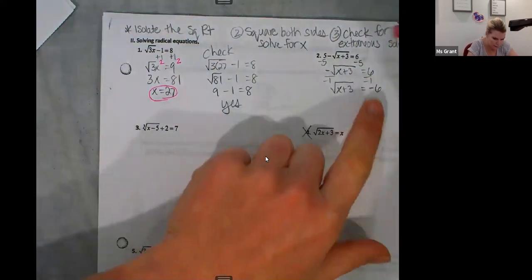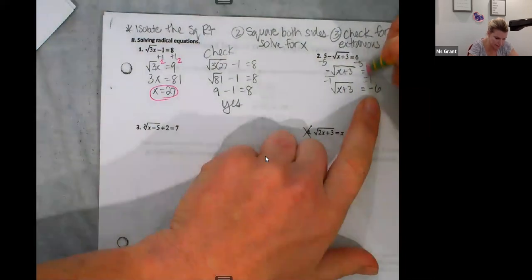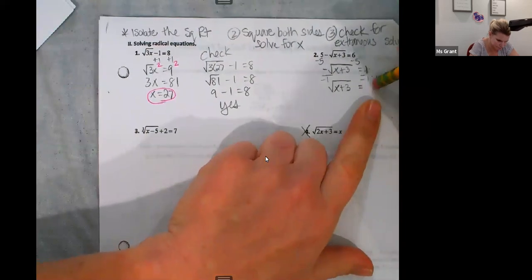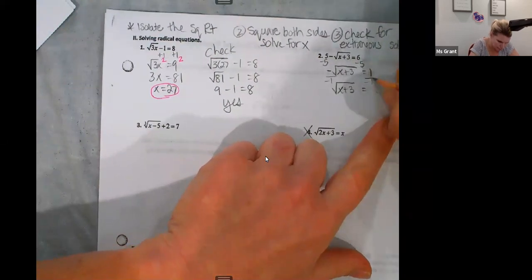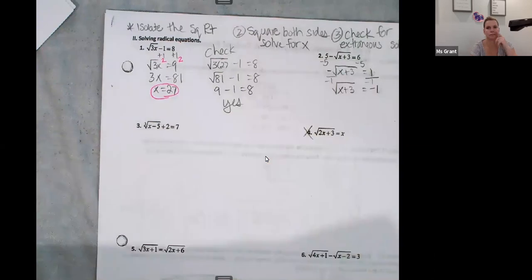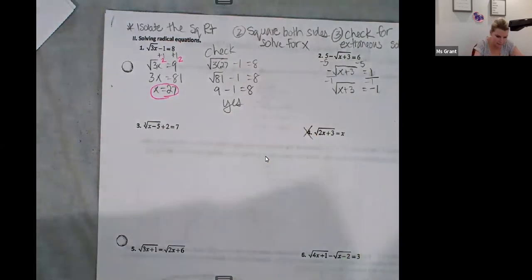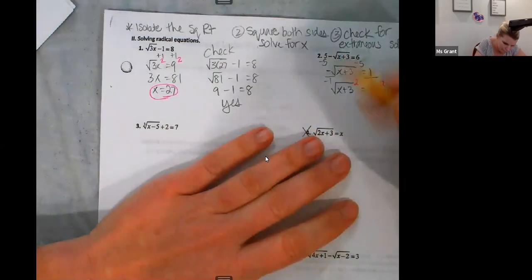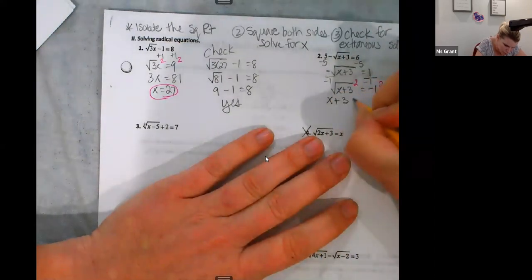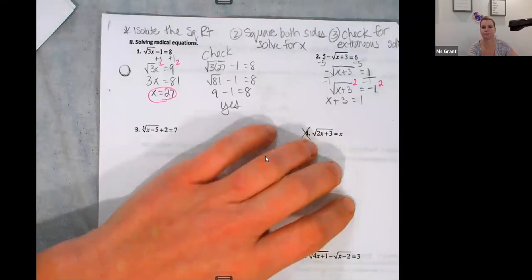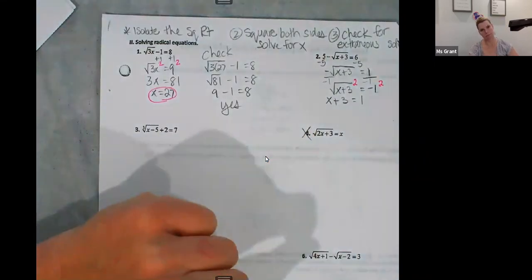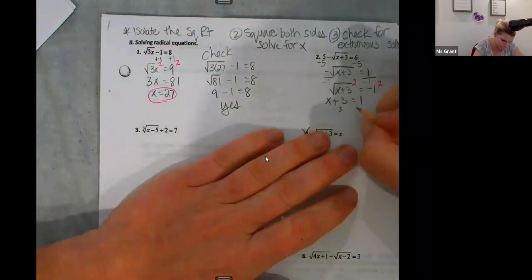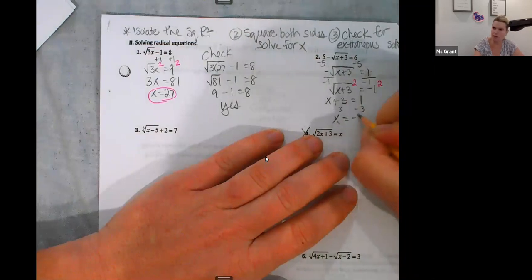Oh, whoa, whoa. 6 minus 5, my friends, is 1. Square both sides. X plus 3 equals 1. Minus 3 both sides. X equals negative 2.